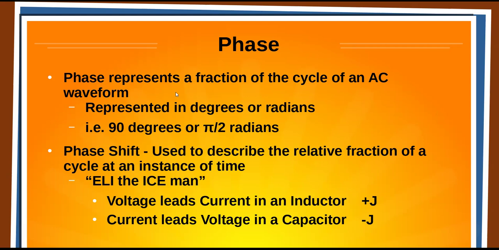I tried to come up with a good definition, but phase is just a representation of what fraction of an AC waveform cycle. So, remember I talked about radians, you have 2 pi radians in a complete cycle, or 360 degrees, depending whether you want to do degrees or radians.